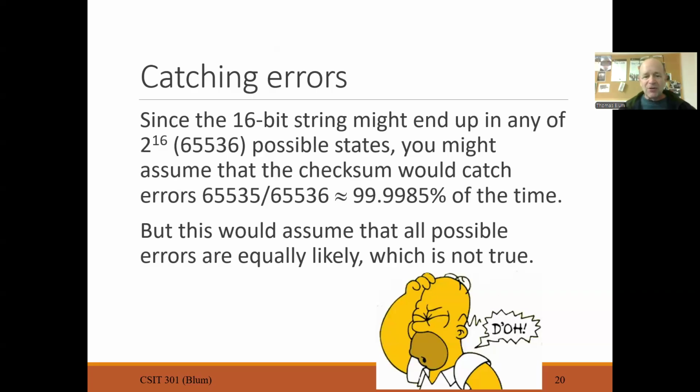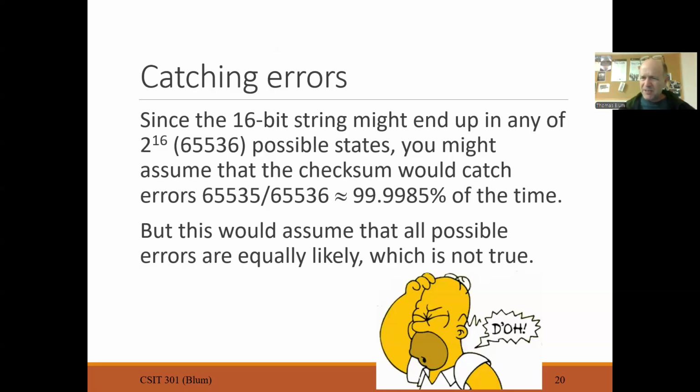Now, errors are not always random, and we will talk about that when we get to CRC. You can engineer CRC to catch certain kinds of errors better than others. We're not going to talk about it in that much detail, just saying that that is the case. But here we are in checksum.